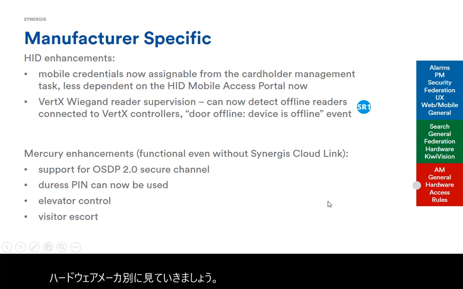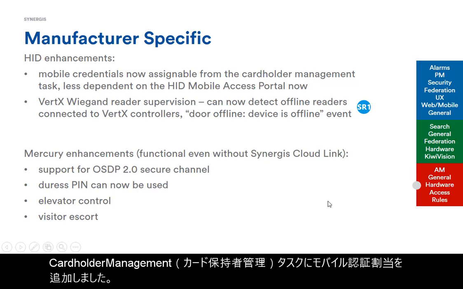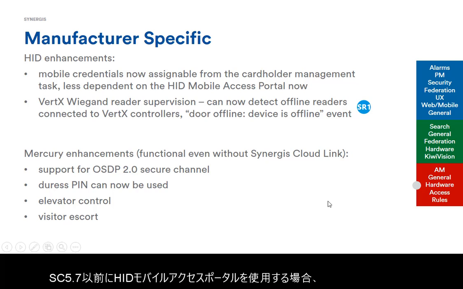In terms of hardware, the manufacturer-specific things, for HID, a few enhancements. We've added the mobile credential assignment from within the cardholder management task. So prior to 5.7, if we wanted to use the HID mobile access portal and set up your phone or something like that to be a credential, you had to use that portal for just about everything.